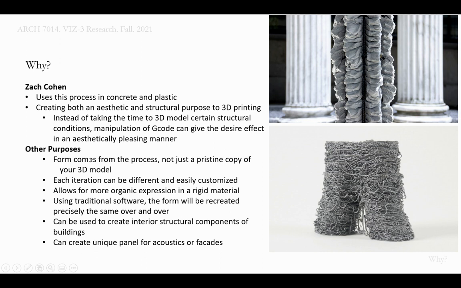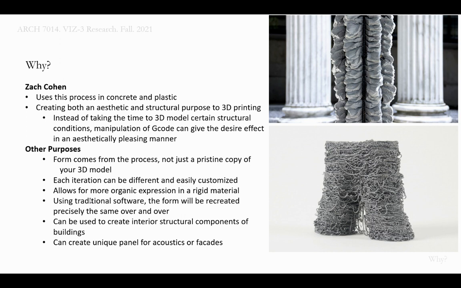So why this is important, and something cool to know, is that your form comes from the process. So it can be used as a form-finding mission, and the building doesn't actually just have to be the pristine copy of your original model.